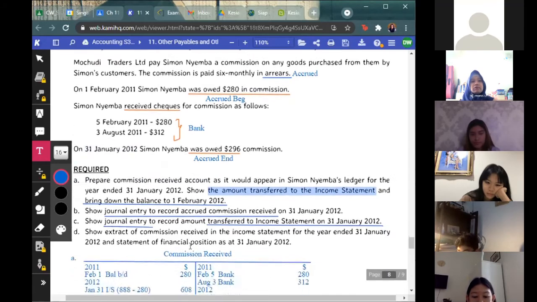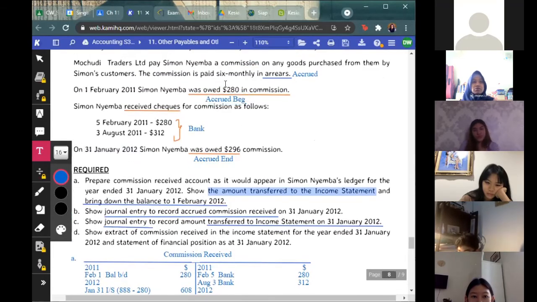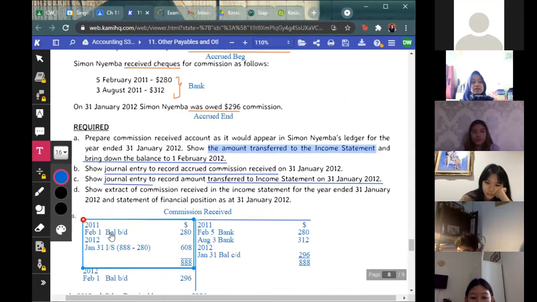Now this is how I do the commission receivable. The first information is accrued at the beginning, which is 280. Accrued at the beginning is shown on the debit side. So I put 2011, February 1, balance BD of 280. Next information, I have bank.